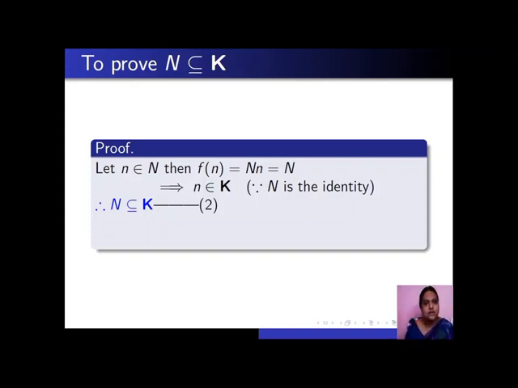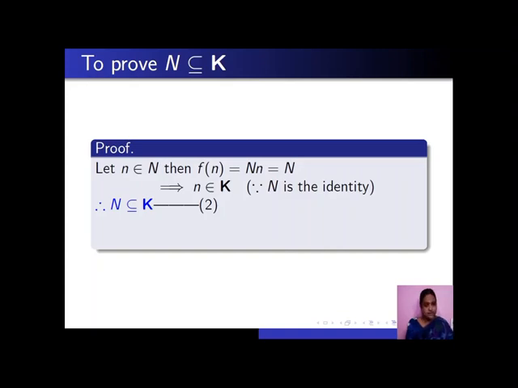Now here n into n where small n belongs to capital N. So n into n is equals to capital N, which implies here the meaning of this one is the image of the element n is equals to capital N. Capital N is e dash here because it is the identity in G by N. So you have to remember that N is equals to e dash. If the image of n is e dash, that means the small n belongs to kernel. So small n belongs to k. That means n is subset of k.